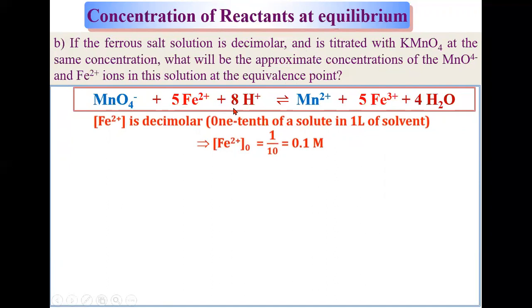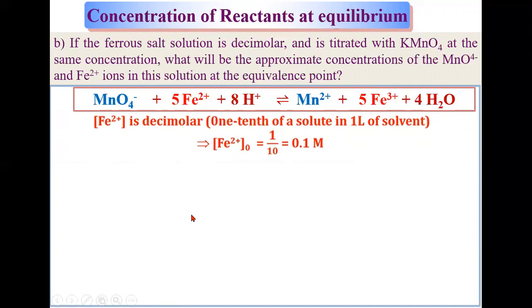Well, to begin with, at equivalence, since the K for this reaction is quite high, you would think that the amount left of the manganese and the iron is pretty much 0, which we call epsilon, and 5 epsilon for the Fe2 plus.